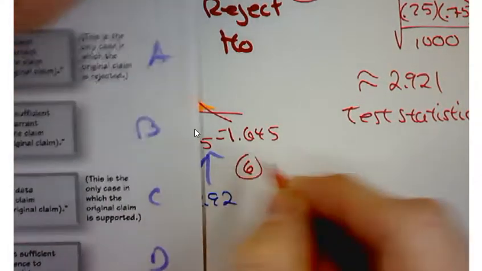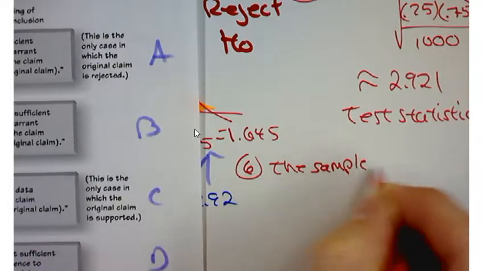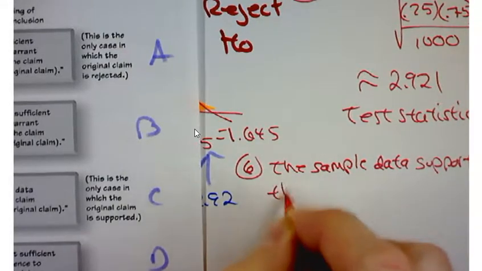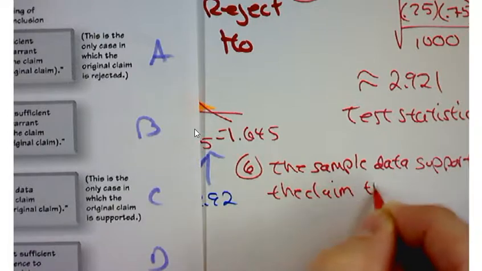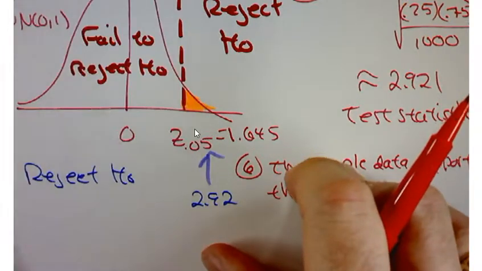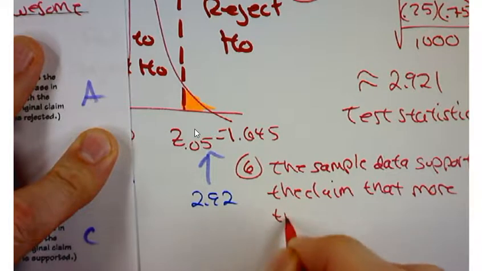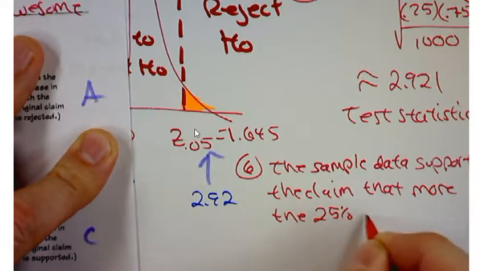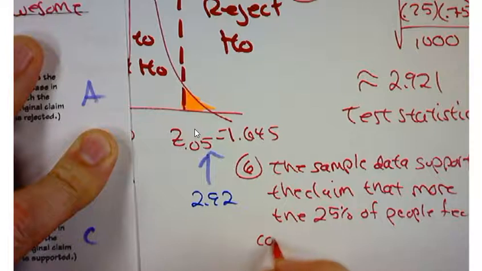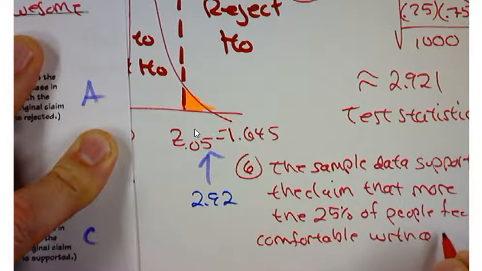So, step 6, sample data support the claim that, well, more than a quarter of people, more than, let me put 25% of people feel comfortable with a self-driving car.